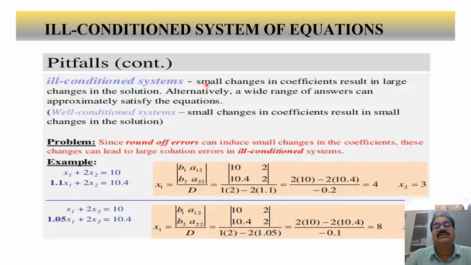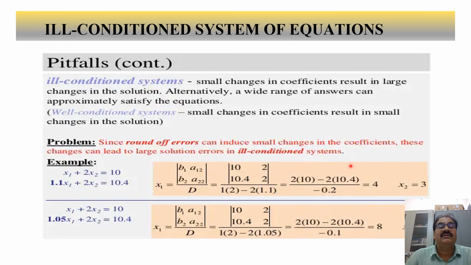But an ill-conditioned system means small changes in coefficients result in a large change in the solution. Since round-off error can induce small changes in the coefficients, these changes can lead to large solution errors in an ill-conditioned system.